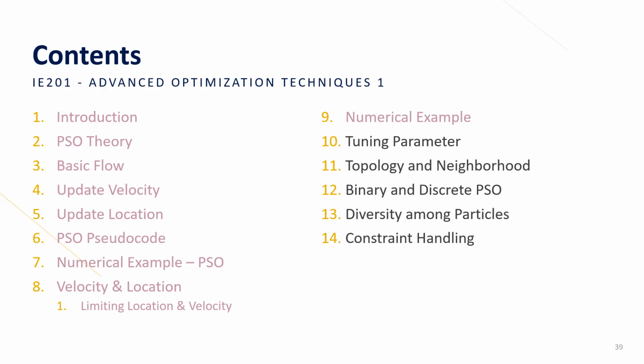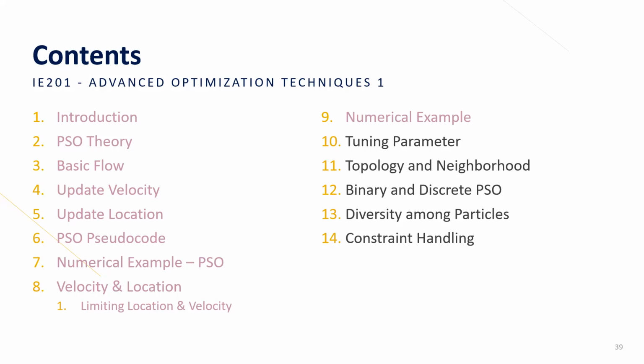And then another thing that we will talk about is how you define the topology and neighborhood, because this is another important thing. Neighborhood is about how you move from one particular solution to another, but in this one, topology and neighborhood means how you consider which particle will interact with another particle.